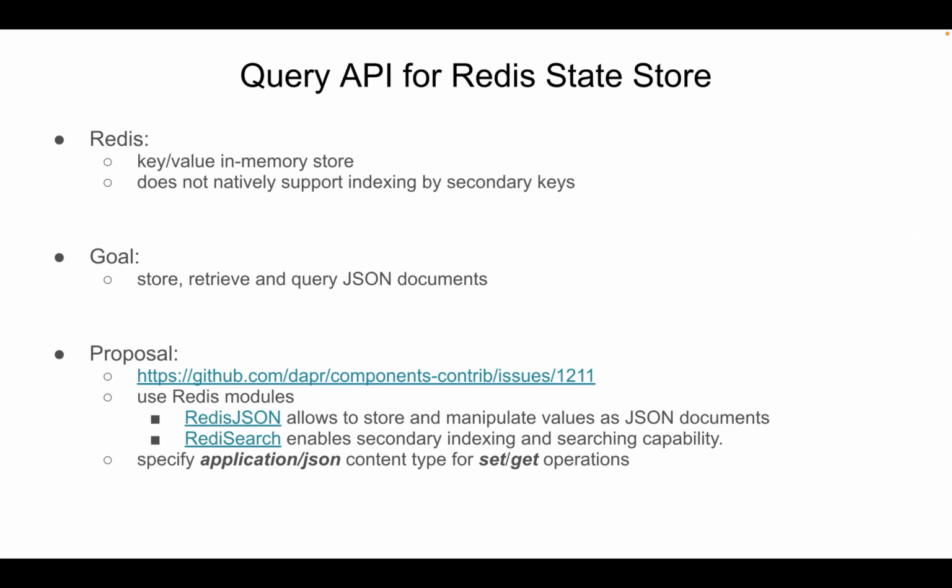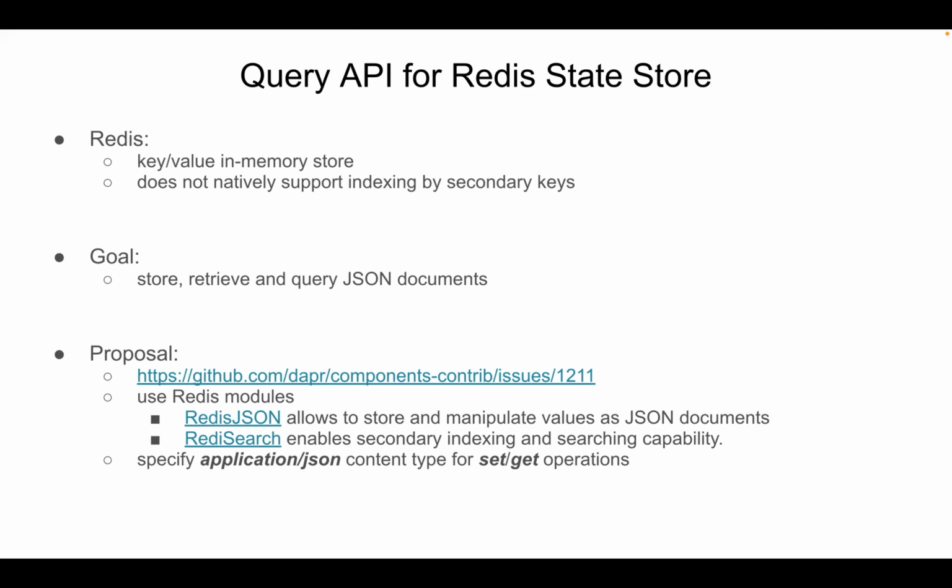So the idea is to use two modules that come with Redis, one called Redis Search and another called Redis JSON. And these modules allow secondary indexing and working with JSON documents.